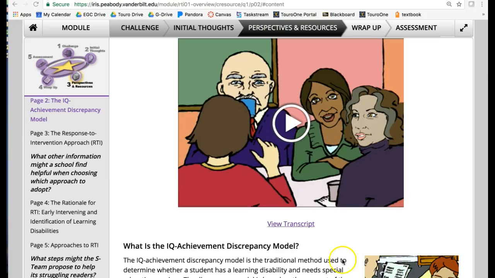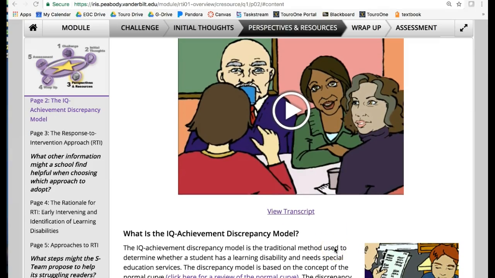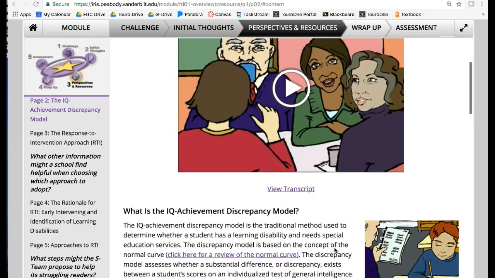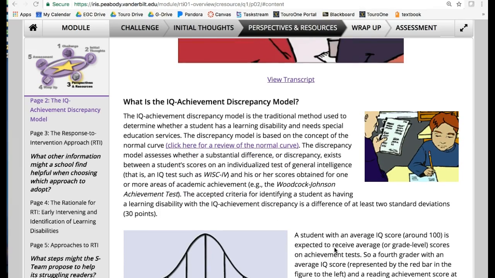So now that we've watched that video, we're going to talk a little bit about what the IQ achievement discrepancy model is. So one of the ways that education or academia has decided to figure out if someone has a disability is by using this IQ achievement discrepancy model.